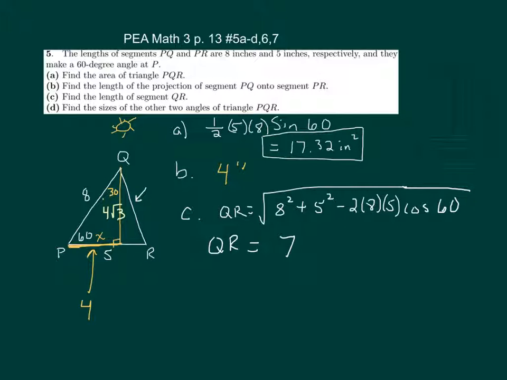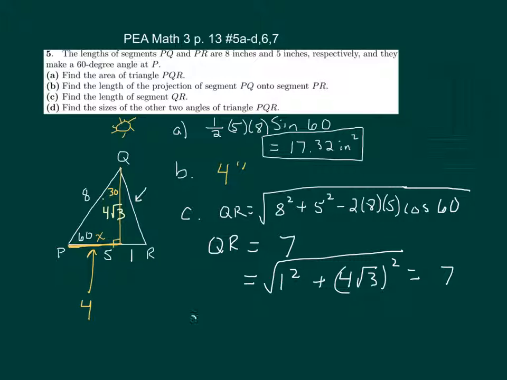And we also know this length right here is 1. So another way to do this is 1 squared plus 4 root 3 squared, Pythagorean theorem. And that still gives you 7. So it's another way to do it.